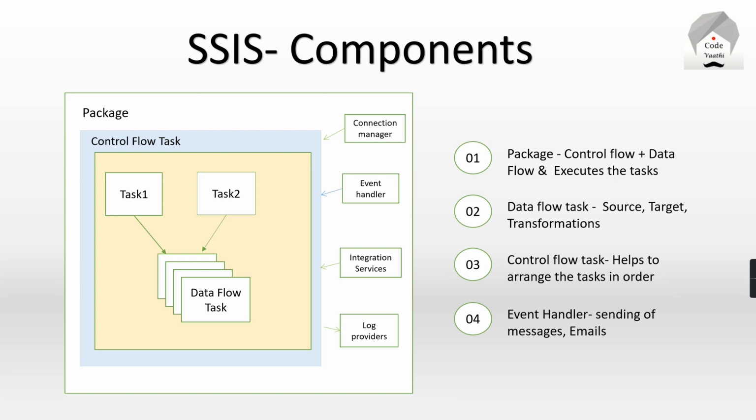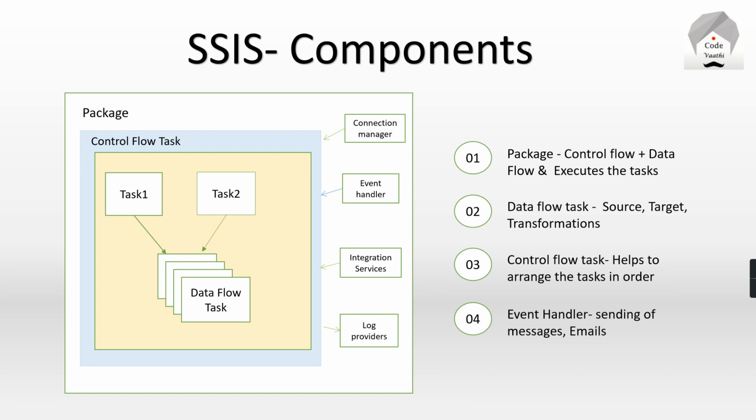And this package is mainly used to execute the tasks which have been provided in the control flow as well as in the data flow. So it will execute the tasks in an orderly fashion, and it also saves the package into a SQL server.